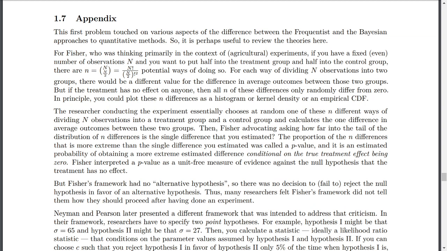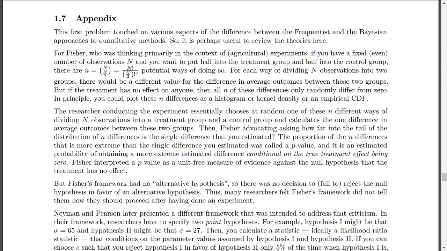But all the different ways that you can divide into two groups and take the average difference in average creates a distribution of differences. But under the strong assumption that the treatment has absolutely no effect on anybody, then that distribution of differences in averages should be centered on 0, and it should differ only randomly from 0 across all the billions of different ways that you can put a fixed number of people into two groups.